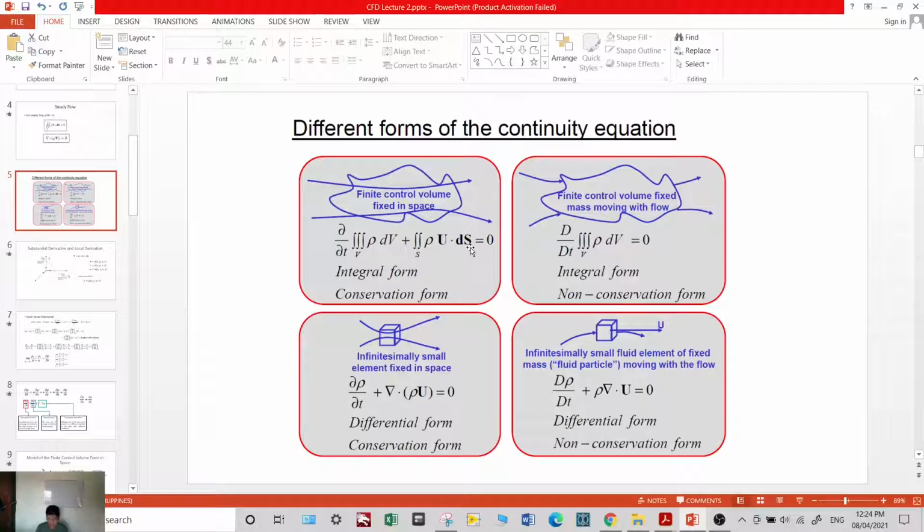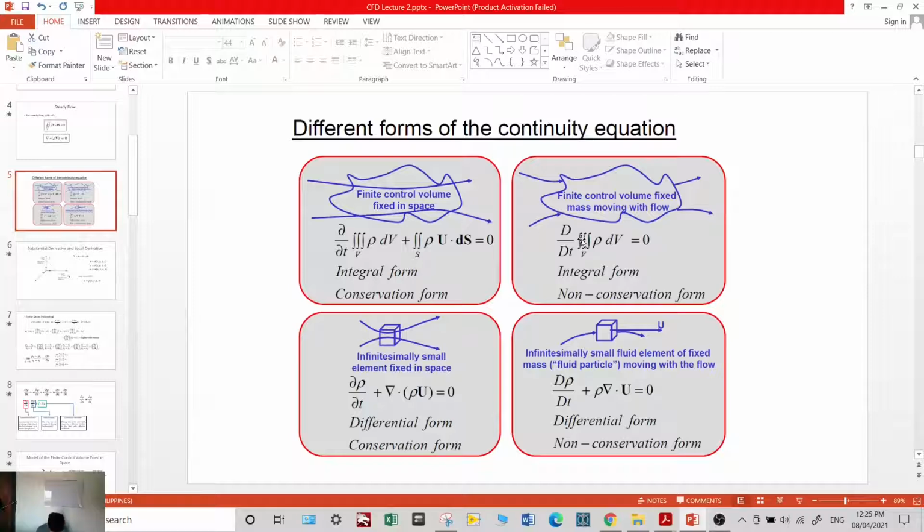So kaning mga fixed in space, this is what you call the Eulerian model of the fluid mechanics, no? So this is the Eulerian model, and kaning sa right side, wherein it is assumed that the fluid is moving with the flow. Okay?